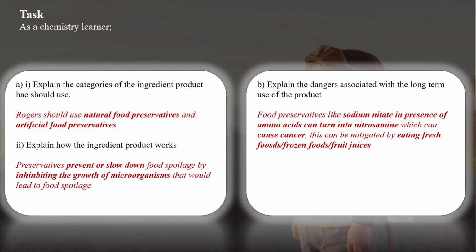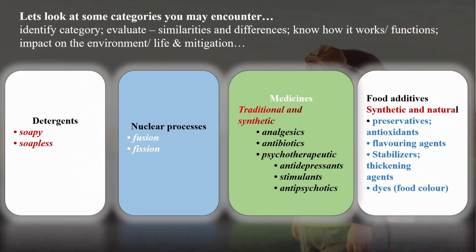Yes, that is basically an example of item one. Some of the categories you might encounter in item one might be about detergents, which are categorized into soapy detergents and soapless detergents.